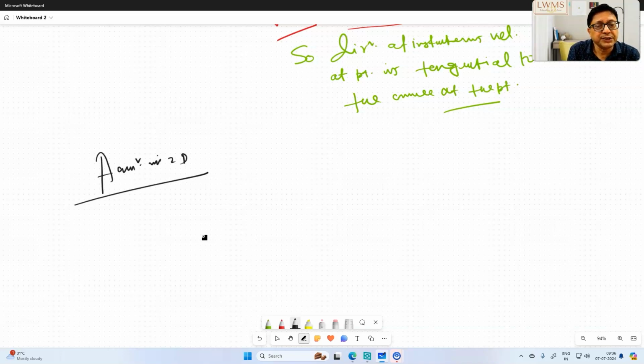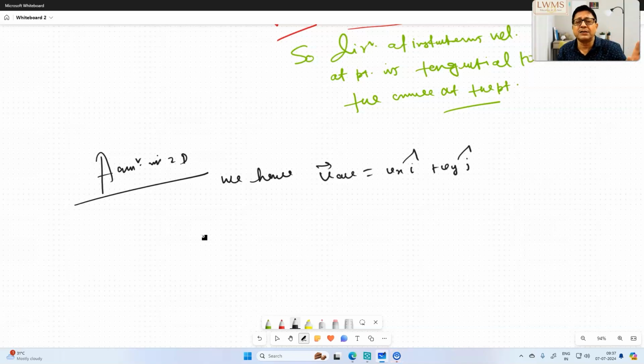Acceleration in 2D. We have V average equal to delta x by delta t, you write Vx i plus Vy j. This will help. V average is Vx i plus Vy j. This I have explained. Now just differentiate with respect to t.